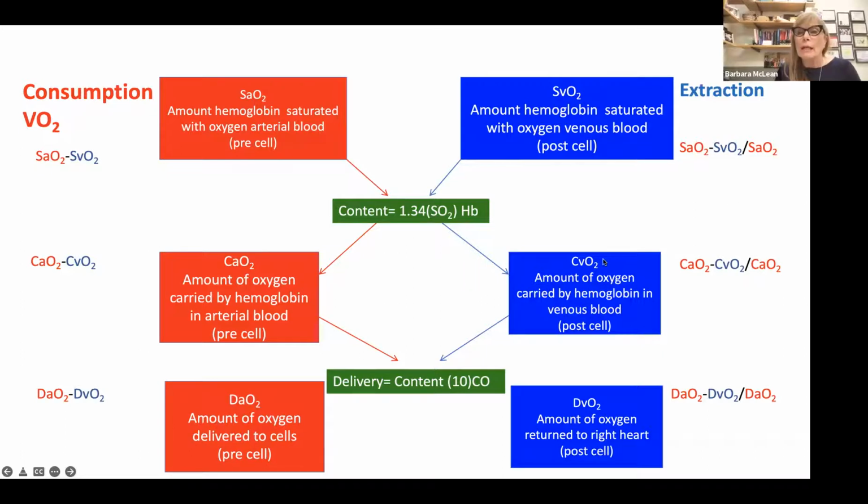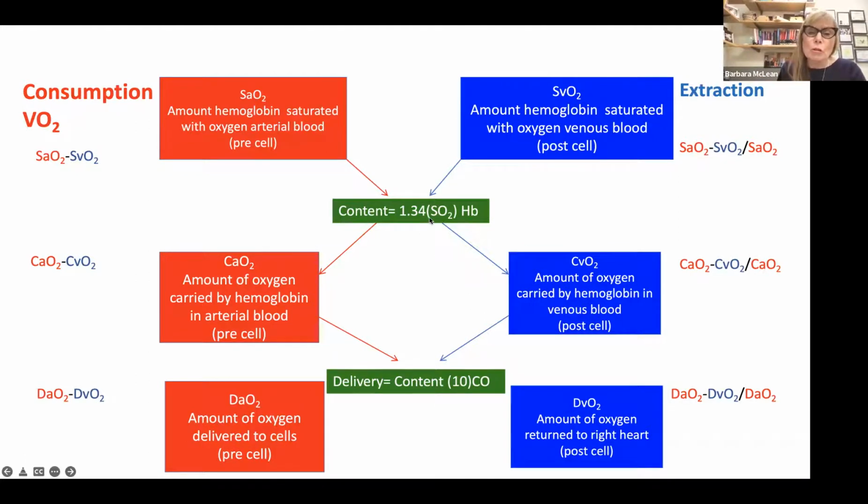Over here in the blue, you have SvO2, CvO2, and DvO2: amount of hemoglobin saturated with oxygen in the venous blood, the amount of oxygen carried by the hemoglobin in the venous blood, and the amount of oxygen delivered back to the right heart to go into the pulmonary circulation.